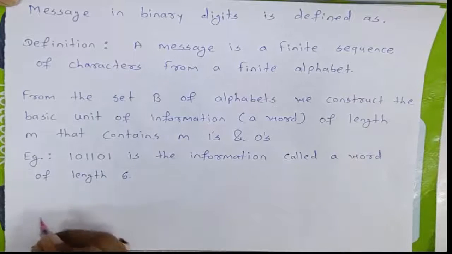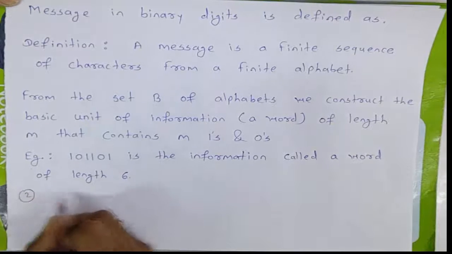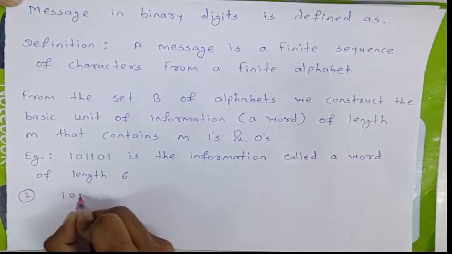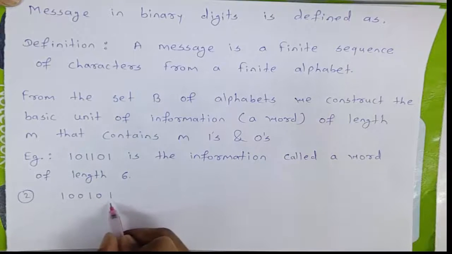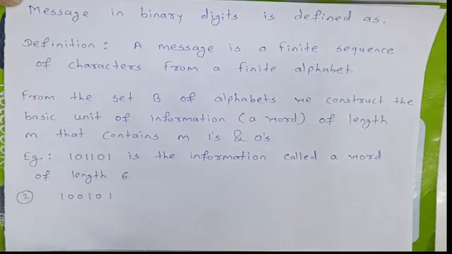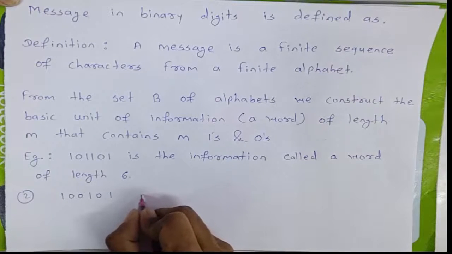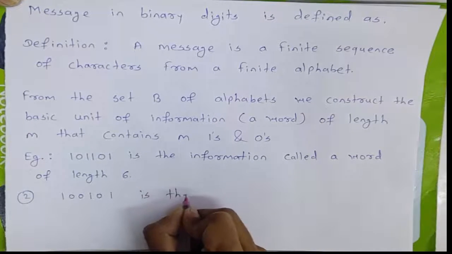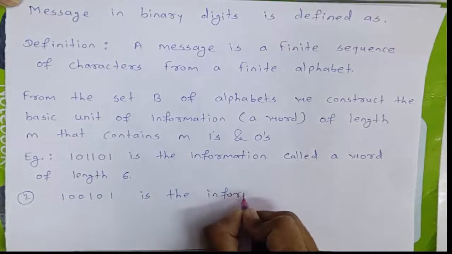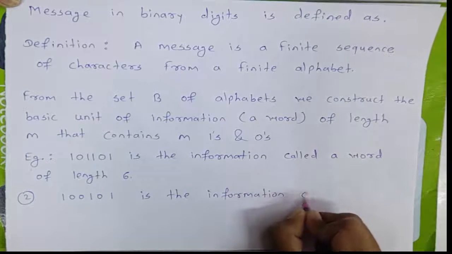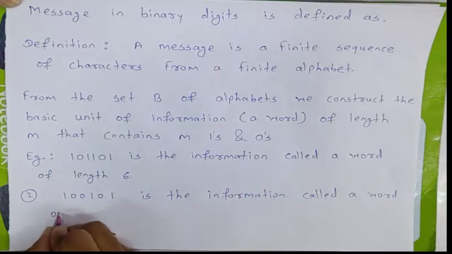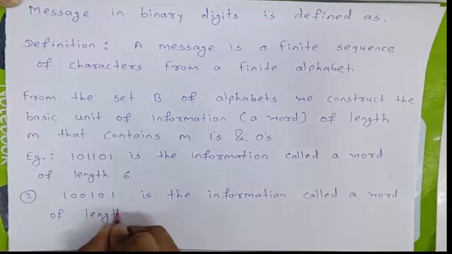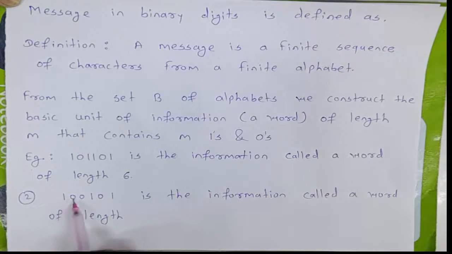Similarly, if we see the second example, 1 0 0 1 0 1, we call this a word of length... Counting, its length is 1, 2, 3, 4, 5 and again 6.